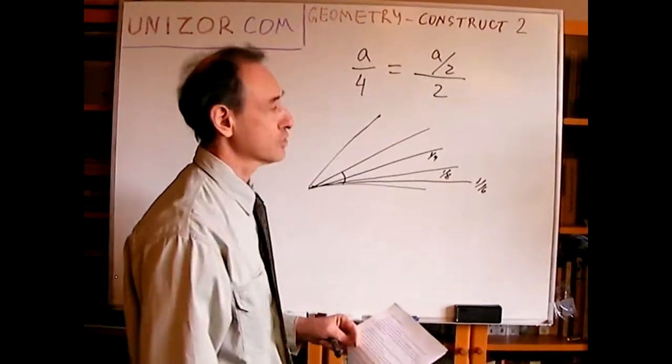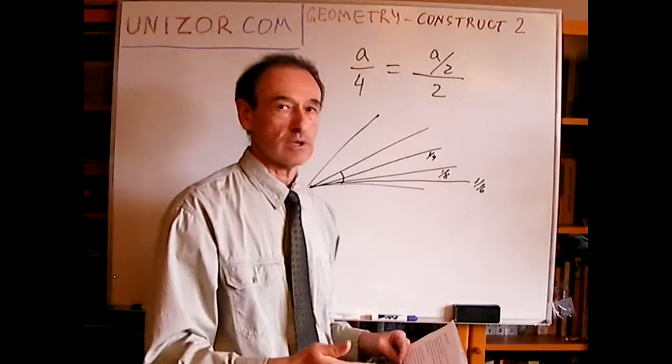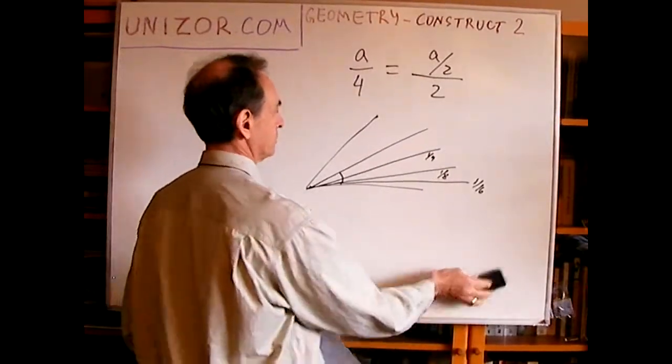So any power of 2 means just bisecting an angle more and more and more.